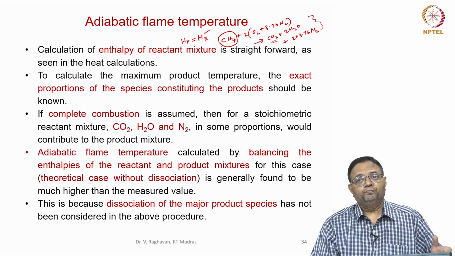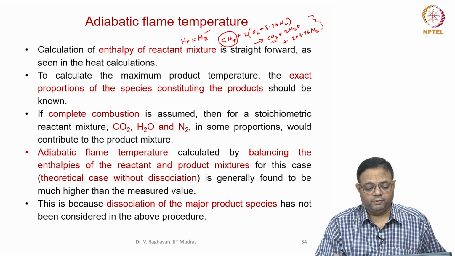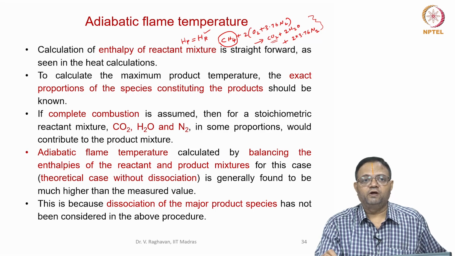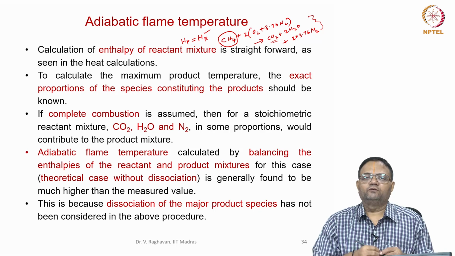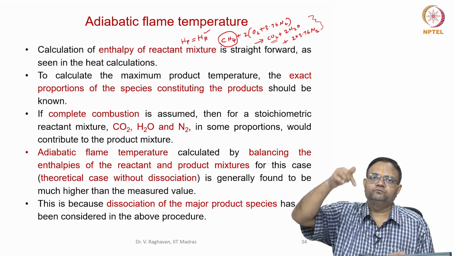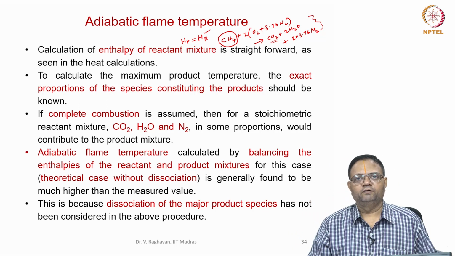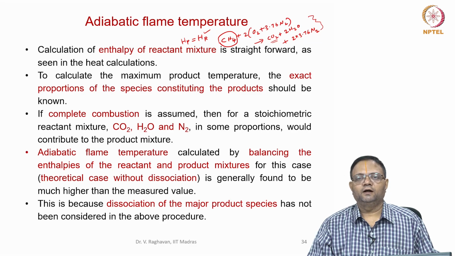Now, what happens is the maximum product temperature can vary. For example, if we assume 2000 or 2200 and we got this, when you try to measure it, we have an adiabatic chamber, put a thermocouple or any flame temperature measurement device, and try to do the combustion there. Finally, you measure the temperature.